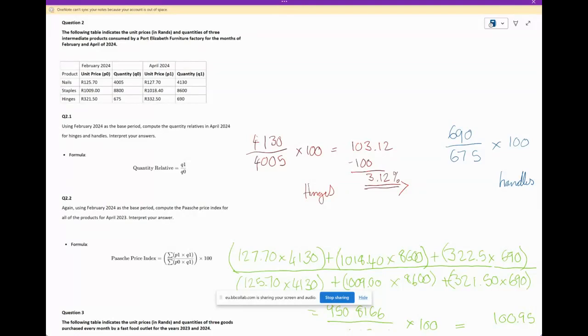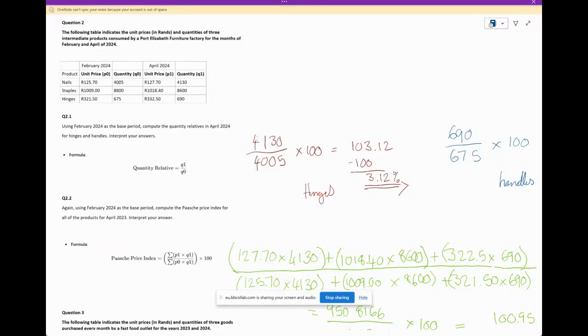So here, they said the following table indicates the unit prices in rands and quantities of 3 intermediate products consumed by a Port Elizabeth furniture factory for the months of February and April 2024.